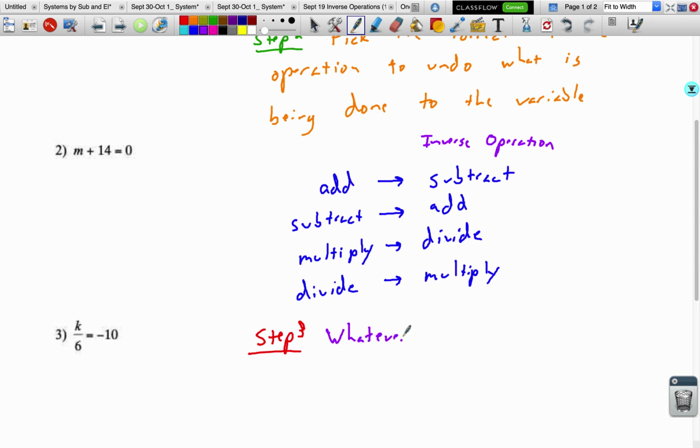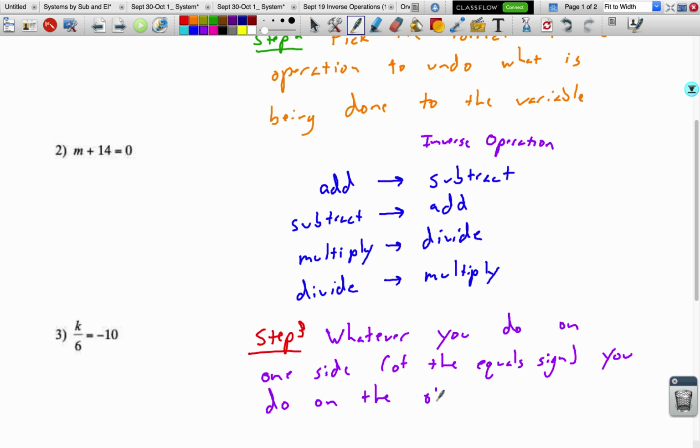Whatever you do on one side of the equal sign, you do on the other. So if I add 3 to one side, you gotta add 3 to the other. This is what keeps it balanced. So let me read that one more time. Whatever you do on one side of the equal sign, you do on the other.